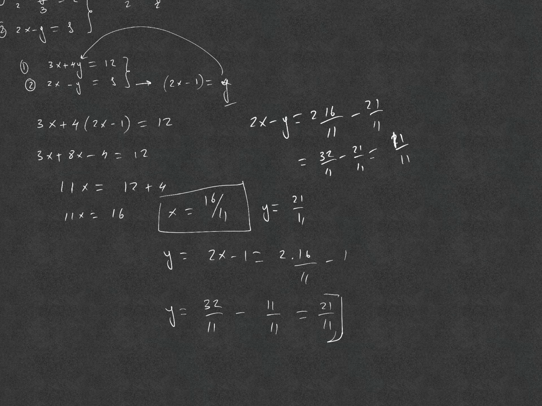And 11 divided by 11 is 1. And 1 is what is on the right side of the equation. So I didn't make any mistake. Okay, let me review. 32 divided by 11, 32 minus 21 is 11. Yeah, it's correct. Okay.